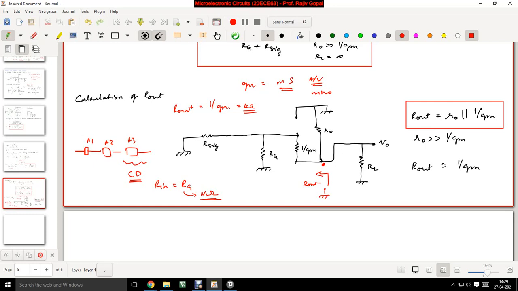So common drain provides very high input impedance and low output impedance, and it is particularly used in the output stage of a multi-stage amplifier because it helps in impedance matching.